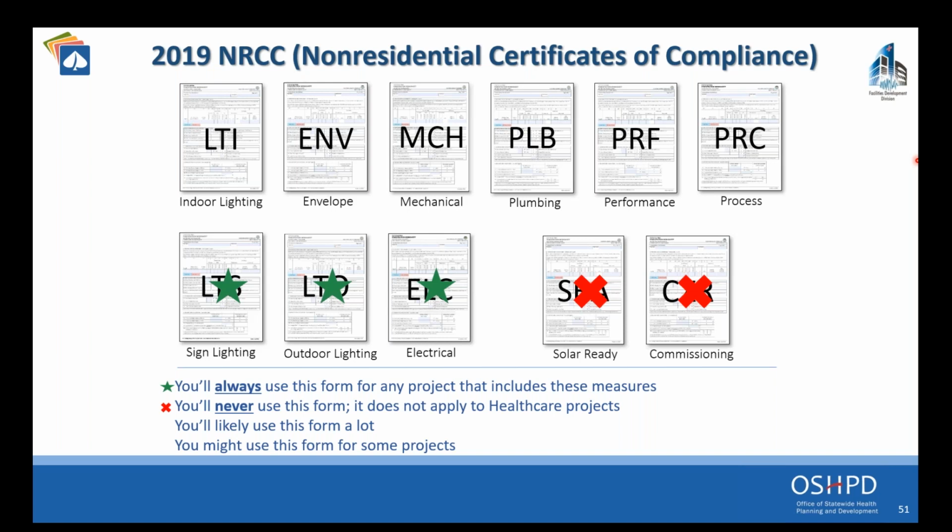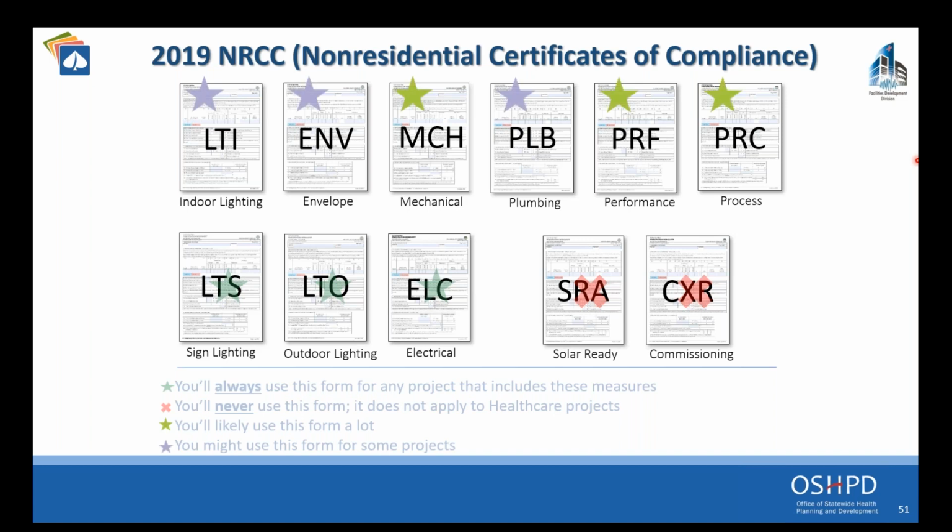The red X's, don't need to worry about solar ready or commissioning, because our TIO program takes over for those. And you'll be using these other forms quite a bit as well for your envelope, indoor lighting, your performance and process, and your mechanical systems.